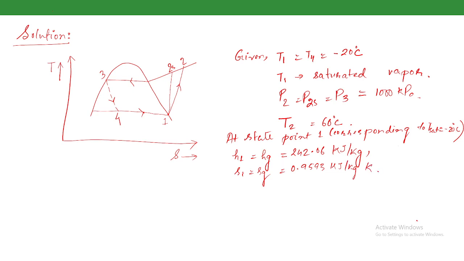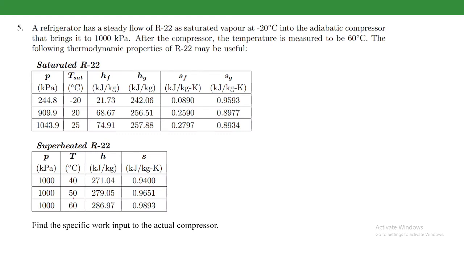Okay, and at state point 2, this is at 1000 kPa and 60 degrees Celsius. Okay, so at 1000 kPa and 60 degrees Celsius, enthalpy is 286.97.